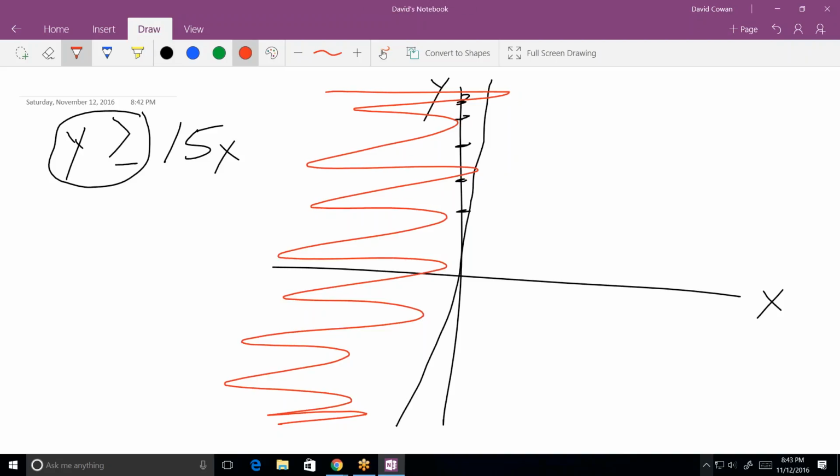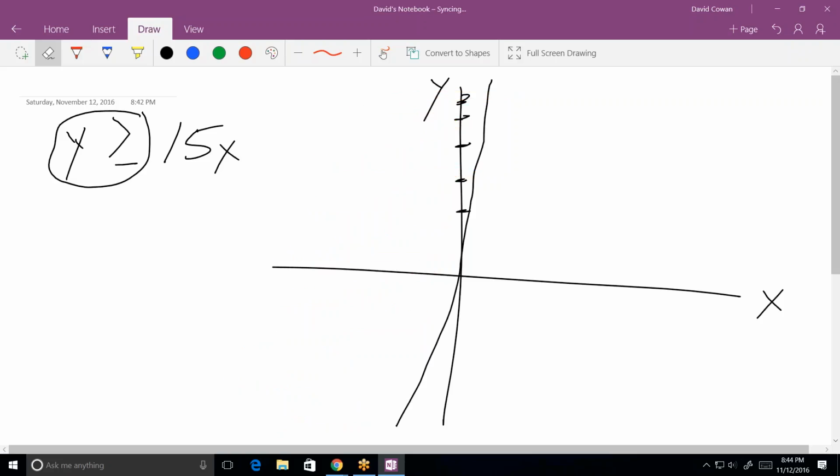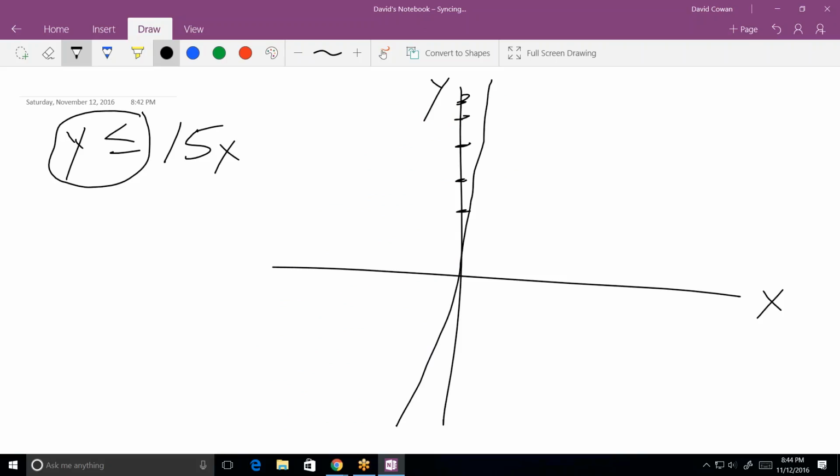Even though it's tempting to say that that's to the left of the line, that's the incorrect way to think about it. Always think about it as being above or below. In other words, if I change this equation and make it less than or equal, now I would go to the y-axis and find a point less than this line.